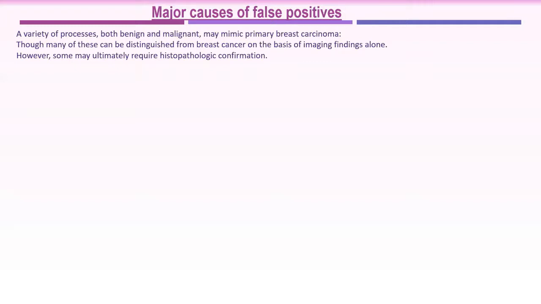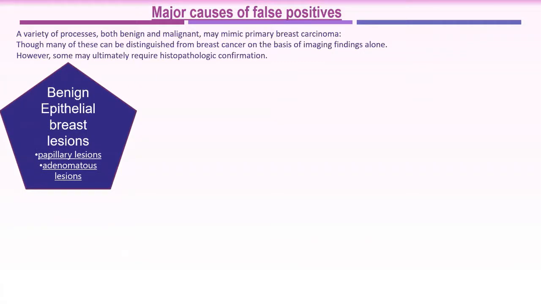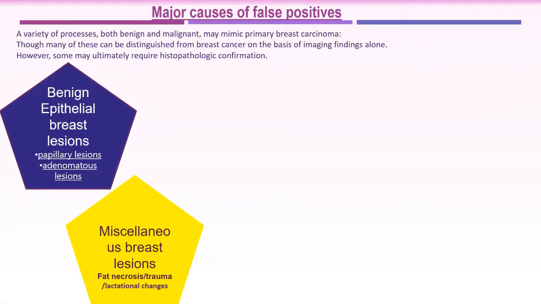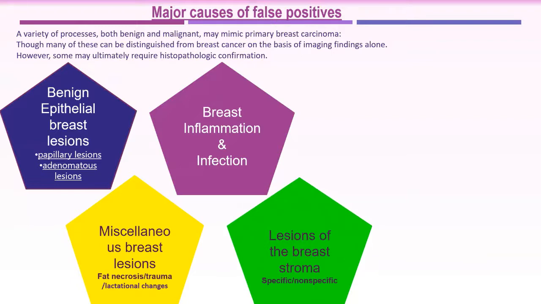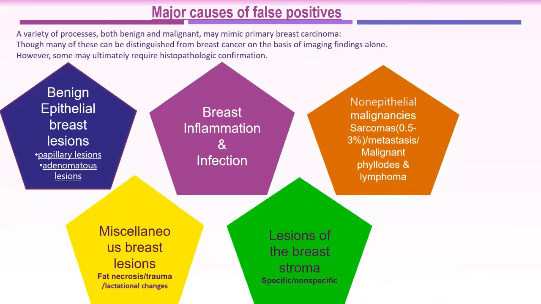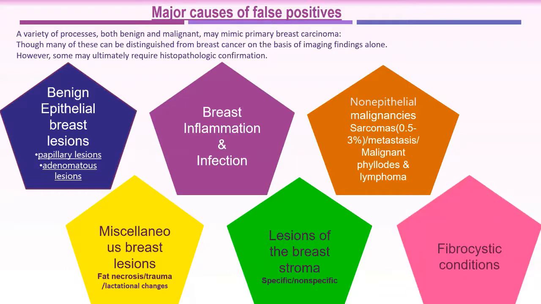We divide it into benign epithelial breast lesions, which are papillary and adenomatous lesions, miscellaneous breast lesions like fat necrosis, trauma, lactational changes, breast inflammation and infections, lesions like granulomatous mastitis, non-epithelial malignancies like sarcoma, lymphoma, metastasis, amyloidosis, and fibrocystic conditions.